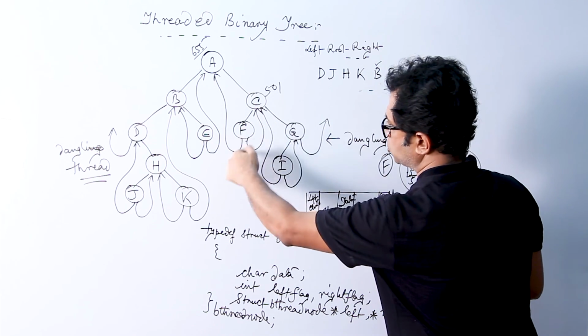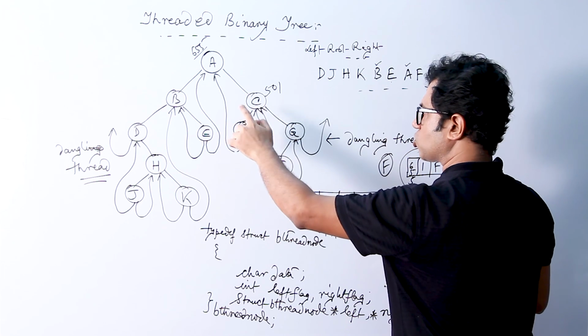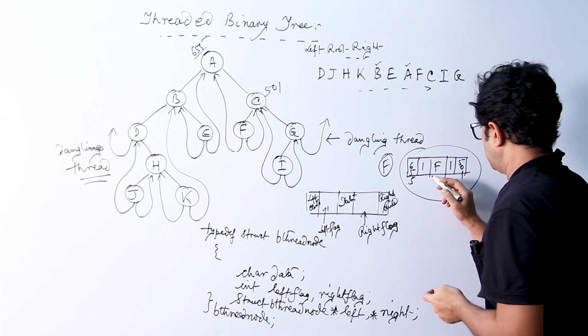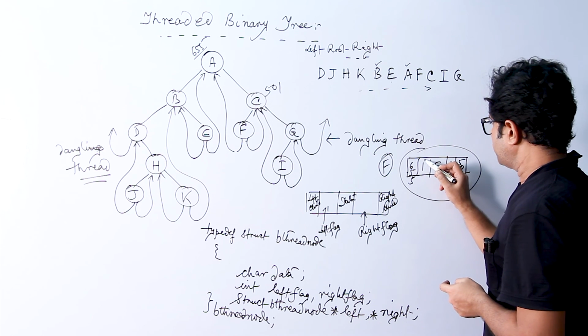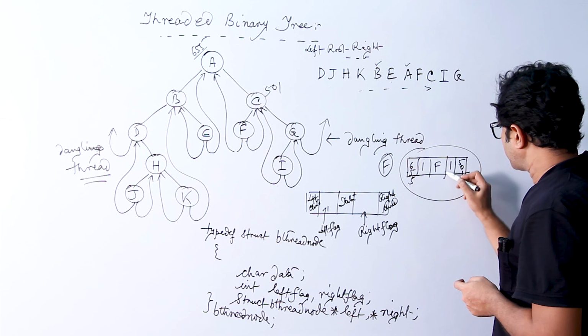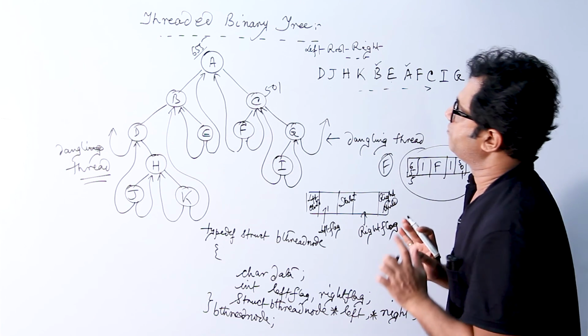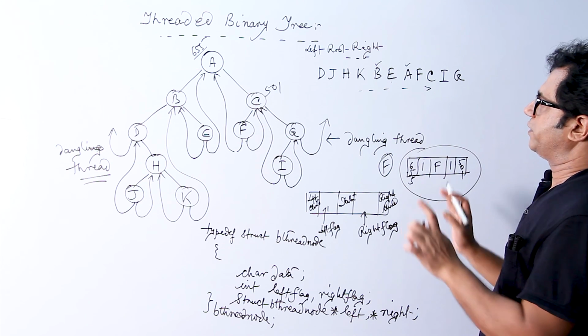Since F has two threads, one on the left side and one on the right side, that's why the left flag will be set to 1 and the right flag will also be set to 1. So this is the approach which we have followed in this threaded binary tree.